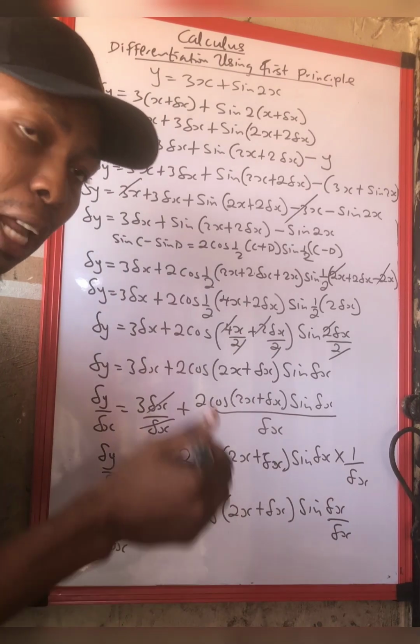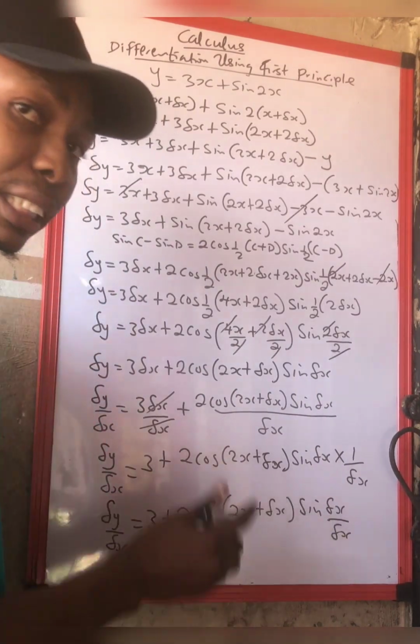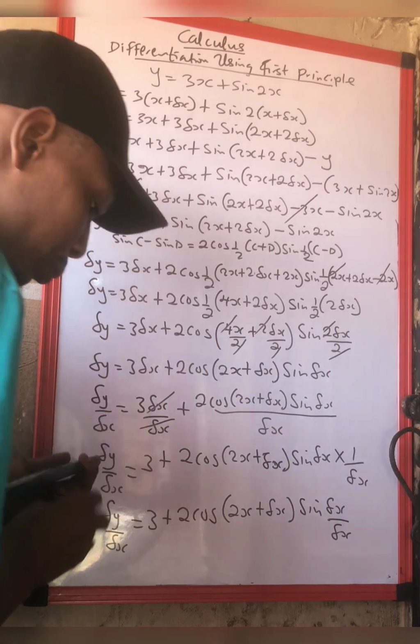I've told you in my previous video that whenever you have Δx over Δx, it is equivalent to 1.